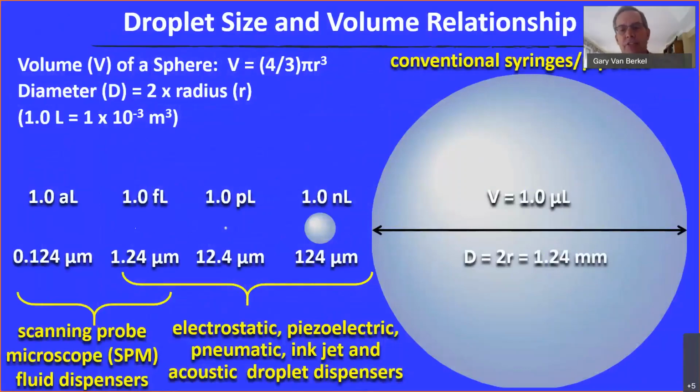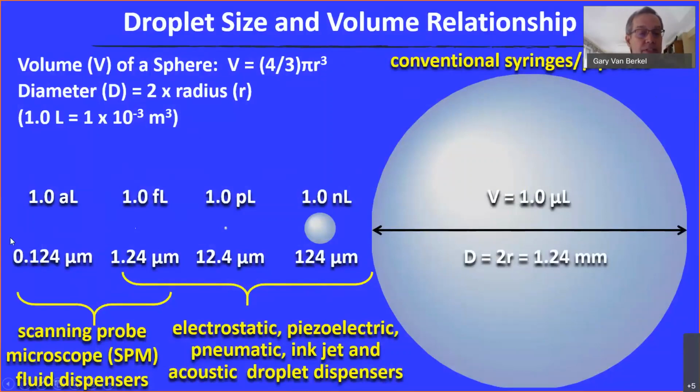So droplet sizes, what are we talking about here? Droplet volume goes with the cube of the radius. So if we have a typical droplet from a normal pipetter, a microliter volume, we have a millimeter sized droplet. If you reduce that volume by 1,000 times, the diameter is reduced by a factor of 10, and so on.